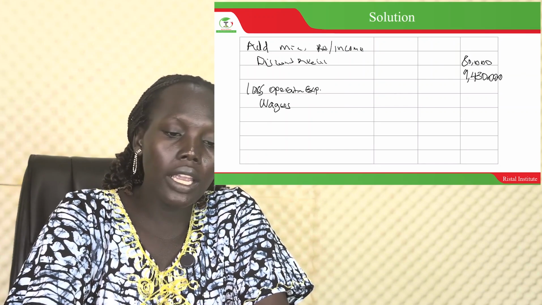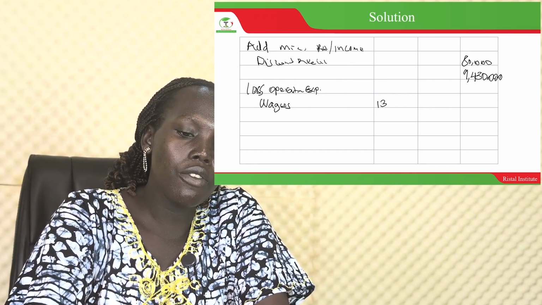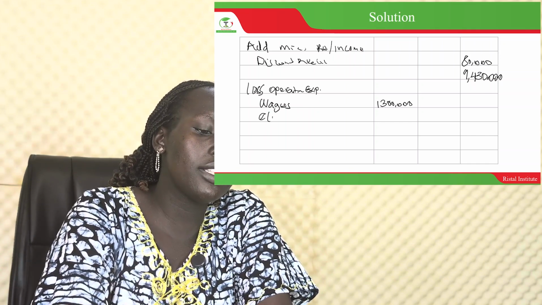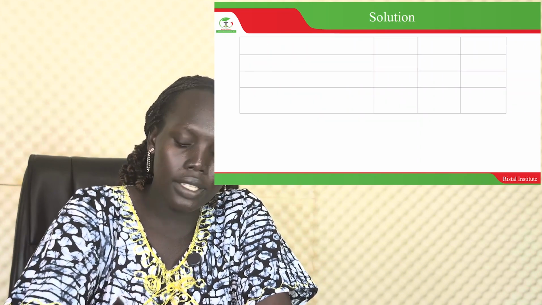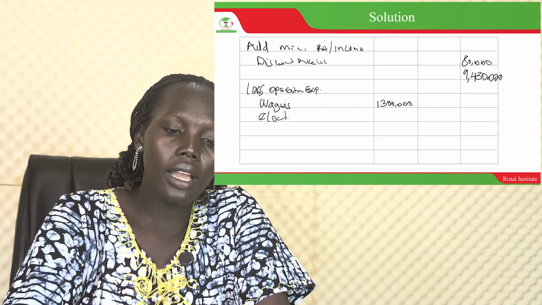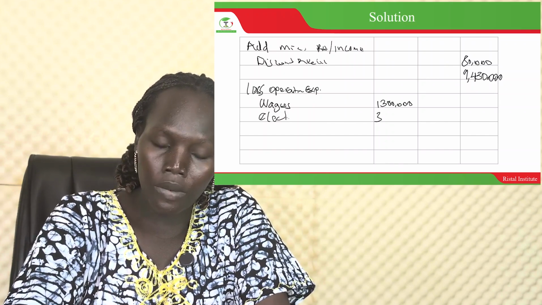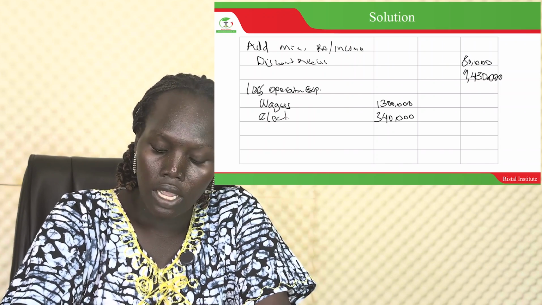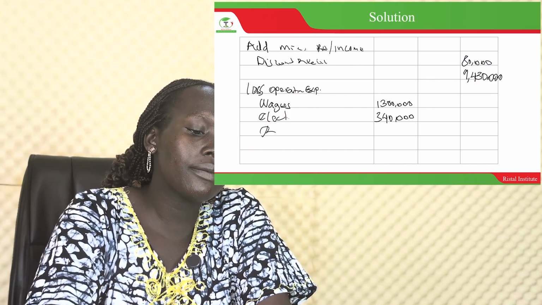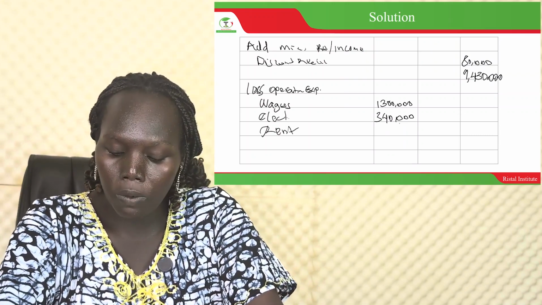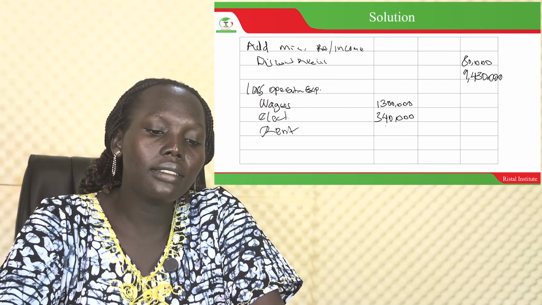So we shall put here 1,300,000. So we have what we call electricity, which the amount is 340,000. And then we have rent. The rent, the amount is 600,000.